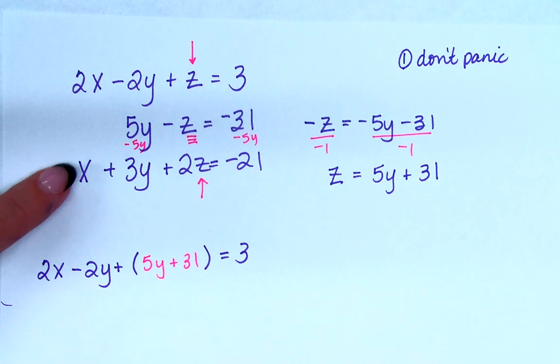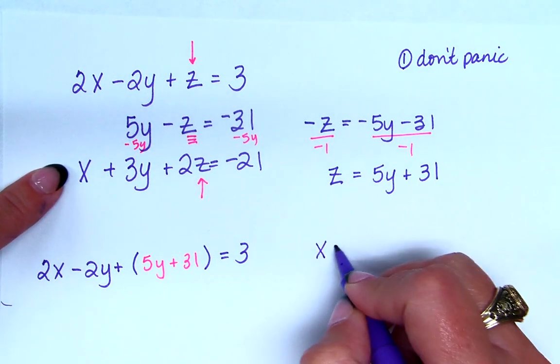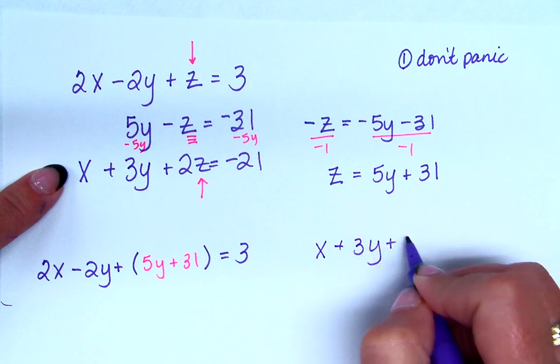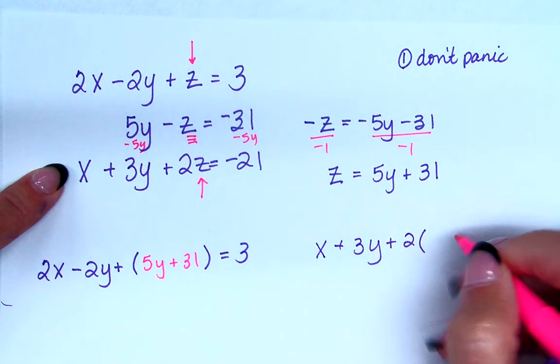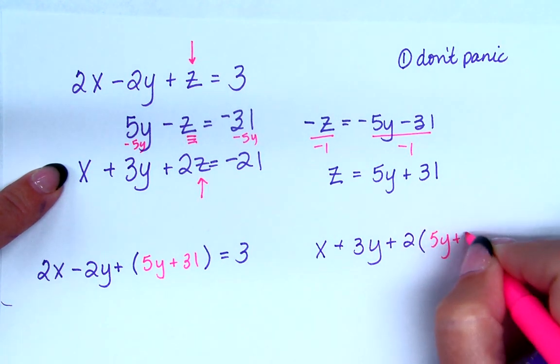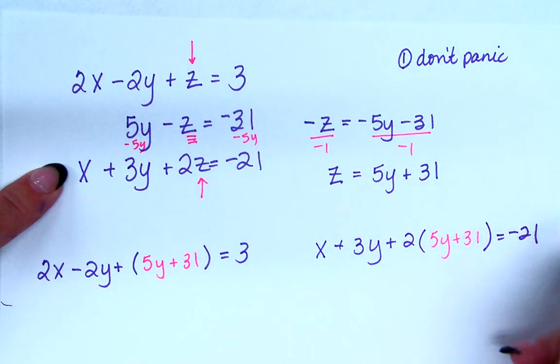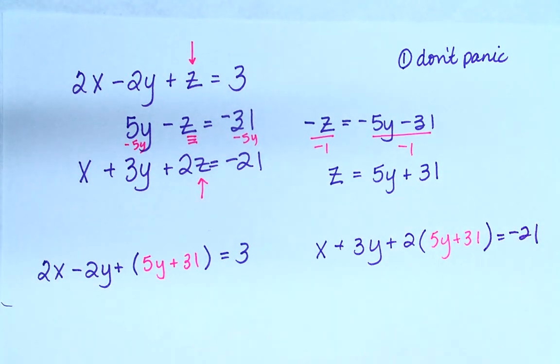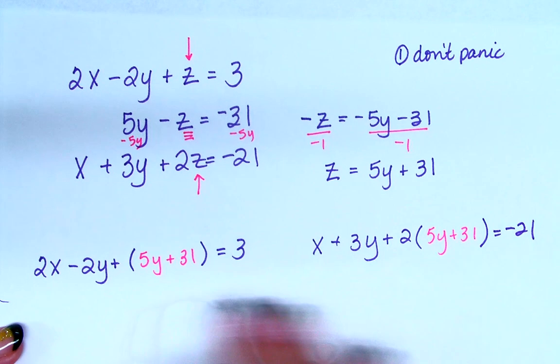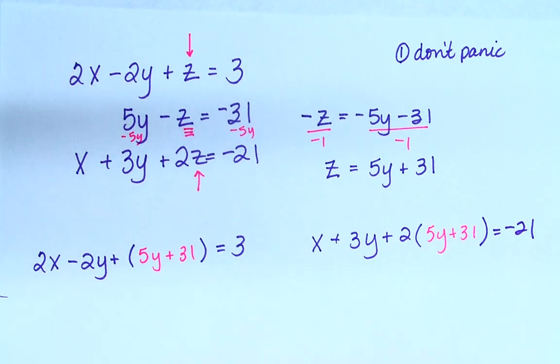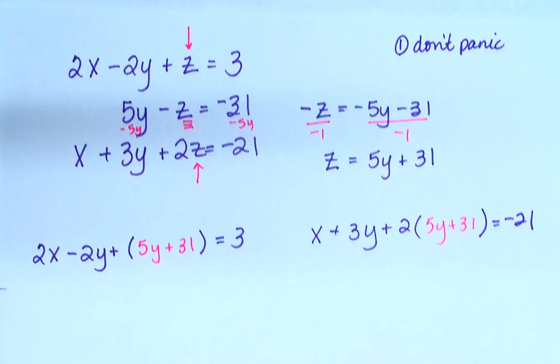I'm just making sure I remember that I need to substitute it twice. x plus 3y plus 2 times z, which is 5y plus 31, equals negative 21. So now I have both places substituted, the top and the bottom. Does that make sense? Okay.